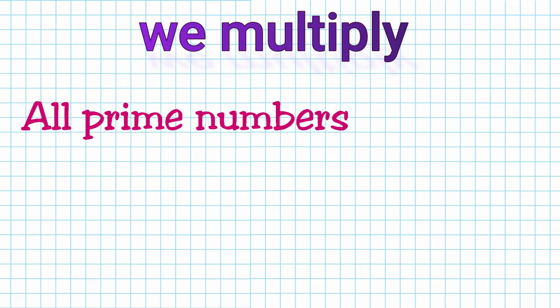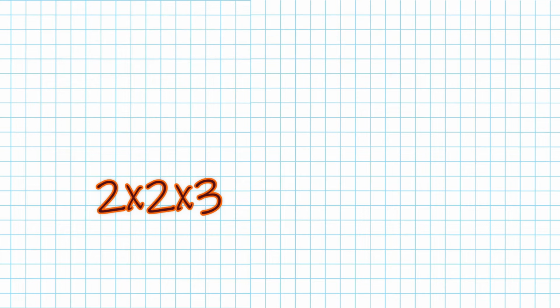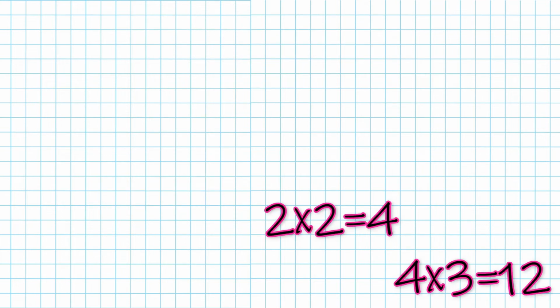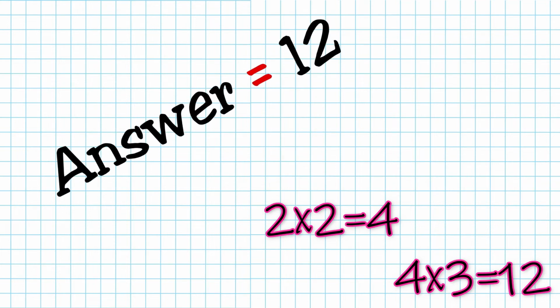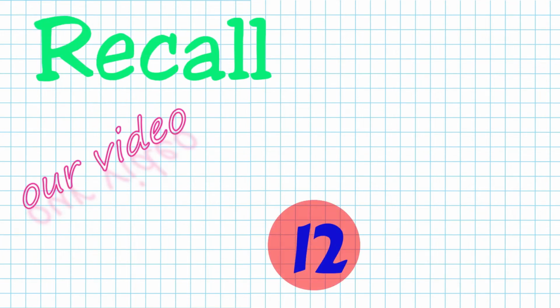In our case, we had 2, 2 and 3. So 2 multiplied by 2 is equals to 4 and 4 multiplied by 3 is equals to 12. Our answer is 12. If you recall the previous part of our video, we had 12 as the LCM. So our answer is correct.